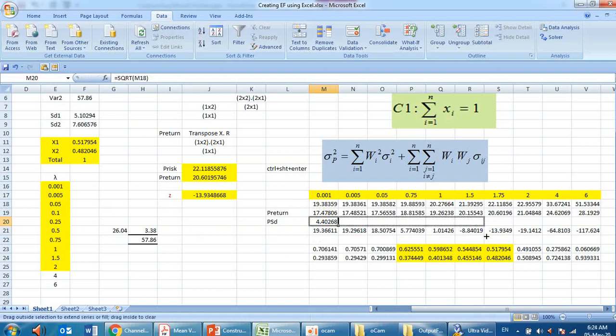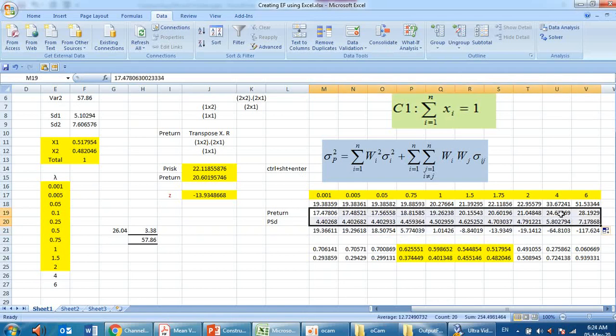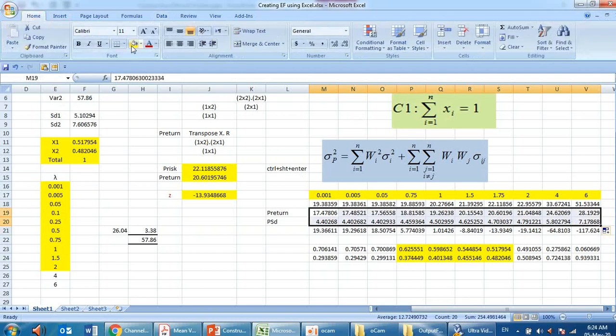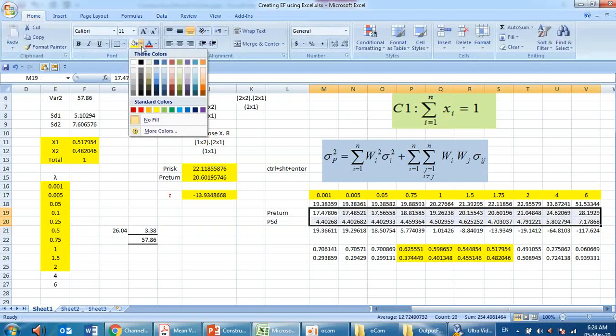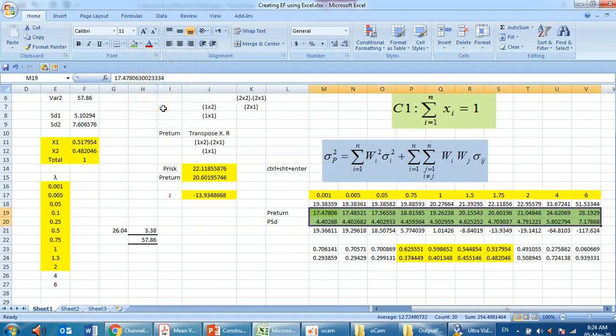So this is the square root, and these two values are important for me to build the efficient frontier, if you remember. And I'll shade them with a lighter color, green. Okay. So these are the values.